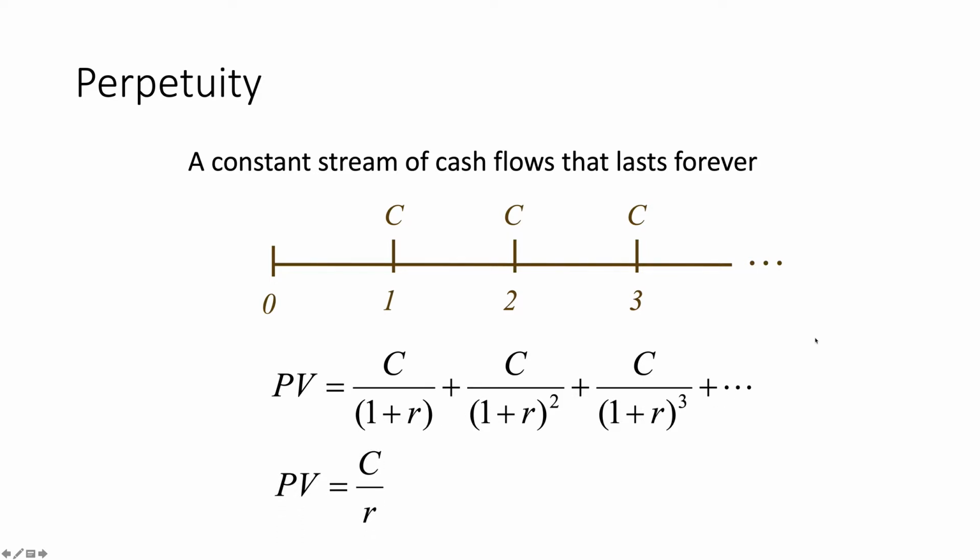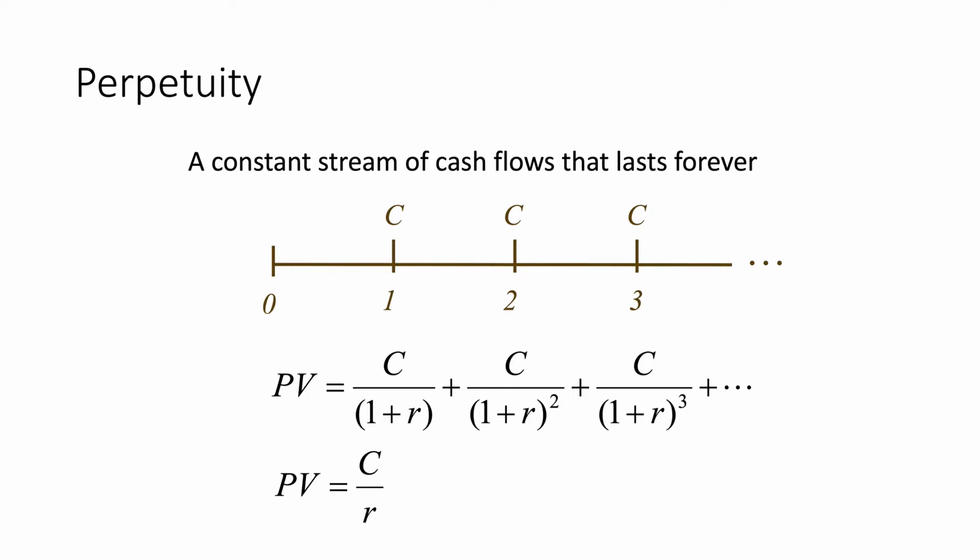This is what we call an infinite series. It converges, when the number goes very high, to a formula equal to the single cash flow divided by R. It's pretty straightforward. This is also the formula for preferred stock valuation.